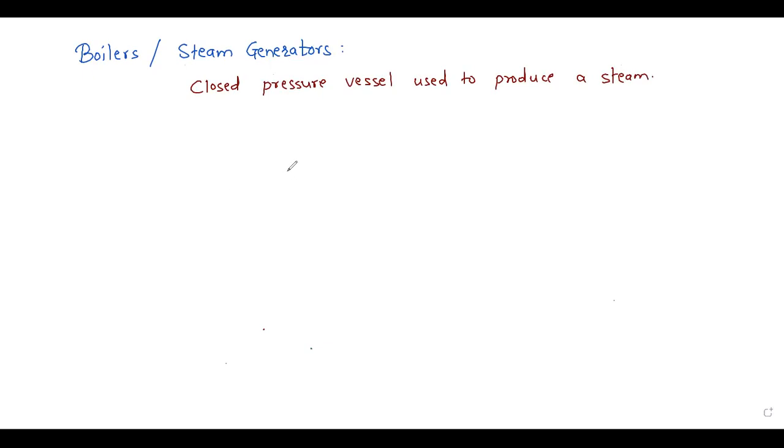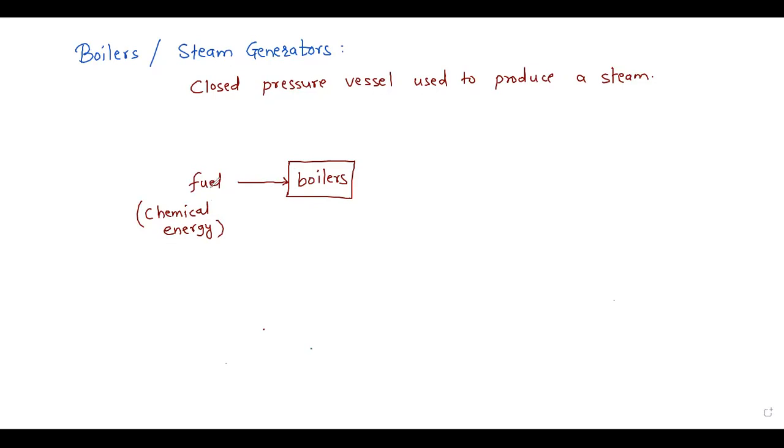So what is happening inside the boiler? Let us understand. You have a boiler, which is made up of steel. In a boiler, we supply the fuel, so you have the chemical energy of fuel converted into heat energy.